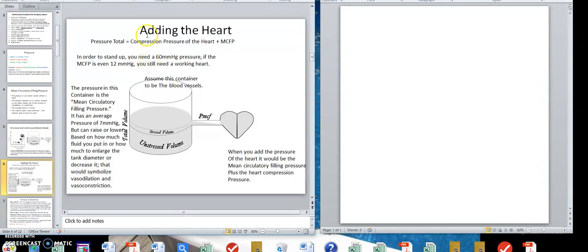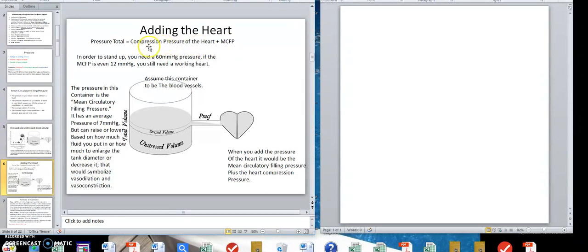Now I'm coming in to the pressure total. Prior to this, the pressure total in your blood vessels would have been the MCFP, the mean circulatory filling pressure, because I didn't have a heart in there.